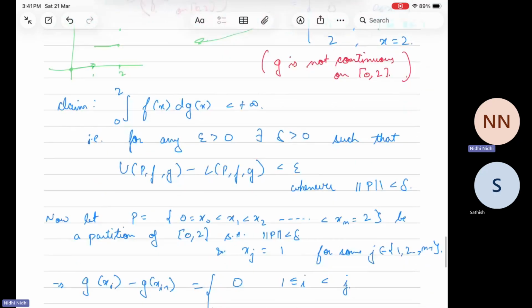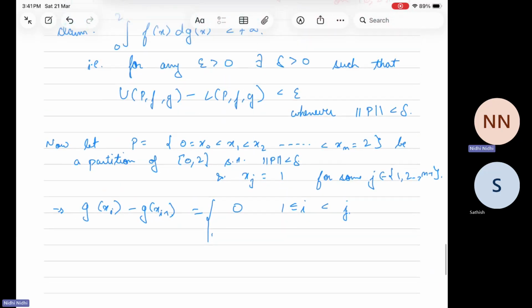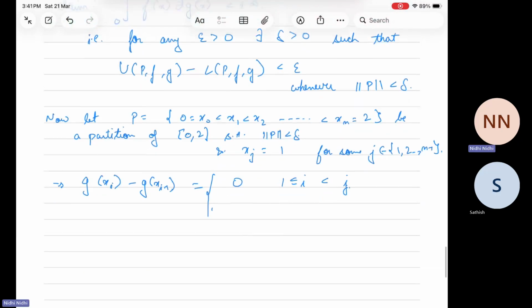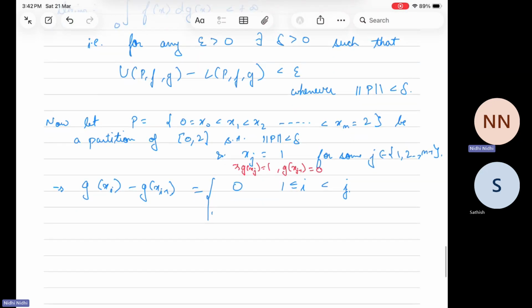Now g(xj) is 1. For i equal to j, we know that g(xj) will be equal to 1. And since x(j minus 1) is strictly less than 1, g(x(j minus 1)) will be equal to 0. So this is equal to 1 when i equals j.